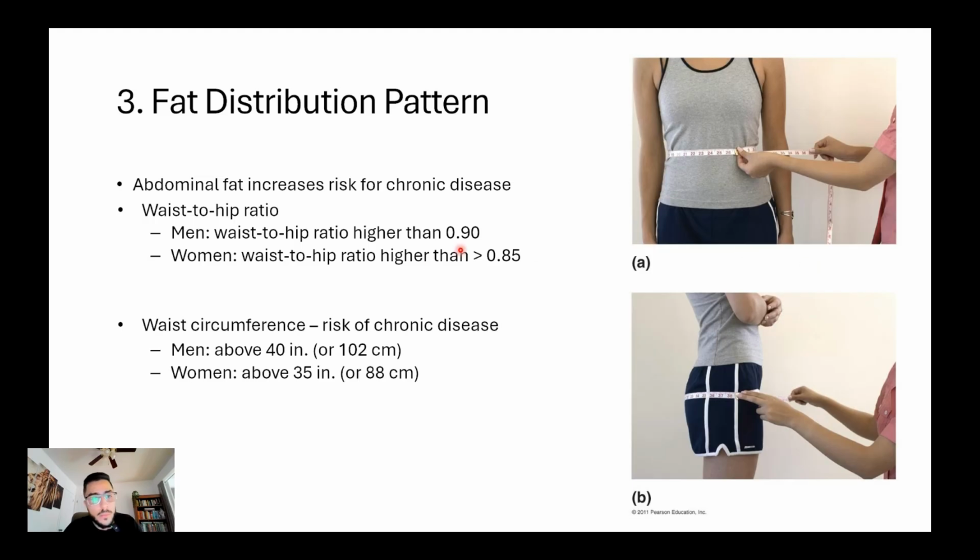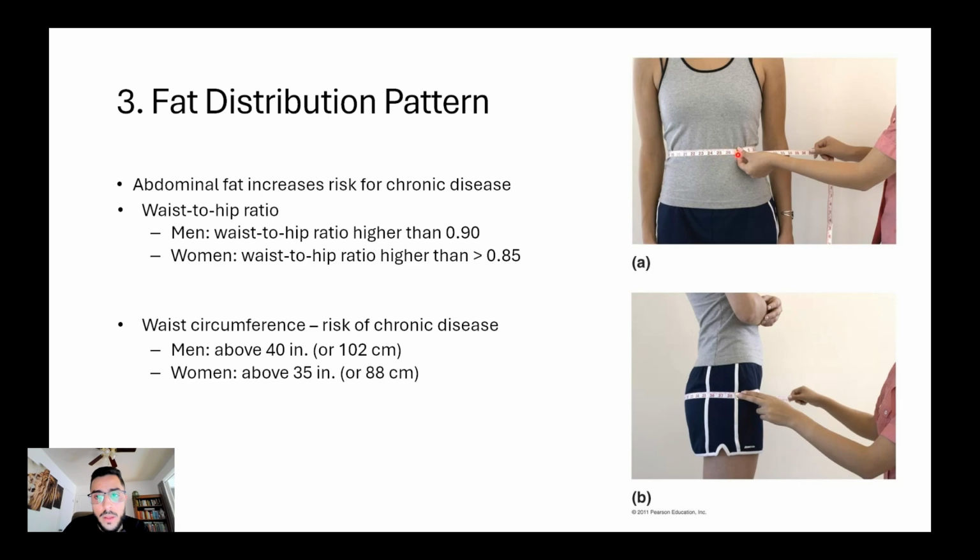There are general numbers that are used to determine if a fat distribution pattern is healthy or not, but obviously these again are not sufficient by themselves to determine if a person has healthy body weight or not, because the ratio of protein to fat is also another important factor, right? But in general, there are two measures that we do: the waist to hip ratio.